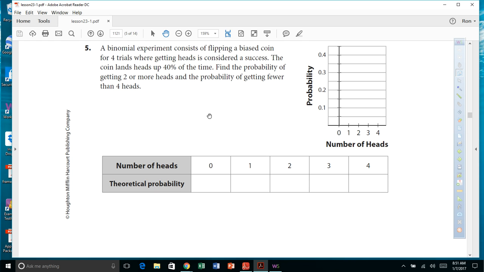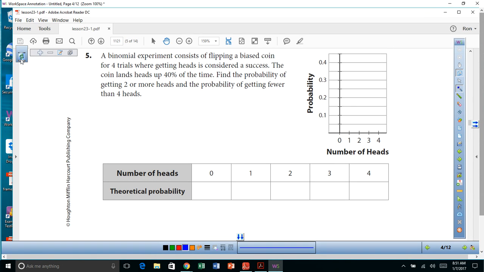The coin lands heads up 40% of the time. Find the probability of getting 2 or more heads and the probability of getting fewer than 4 heads. Okay, so P this time is going to be 0.4. Q is going to be 1 minus 0.4, which is 0.6.